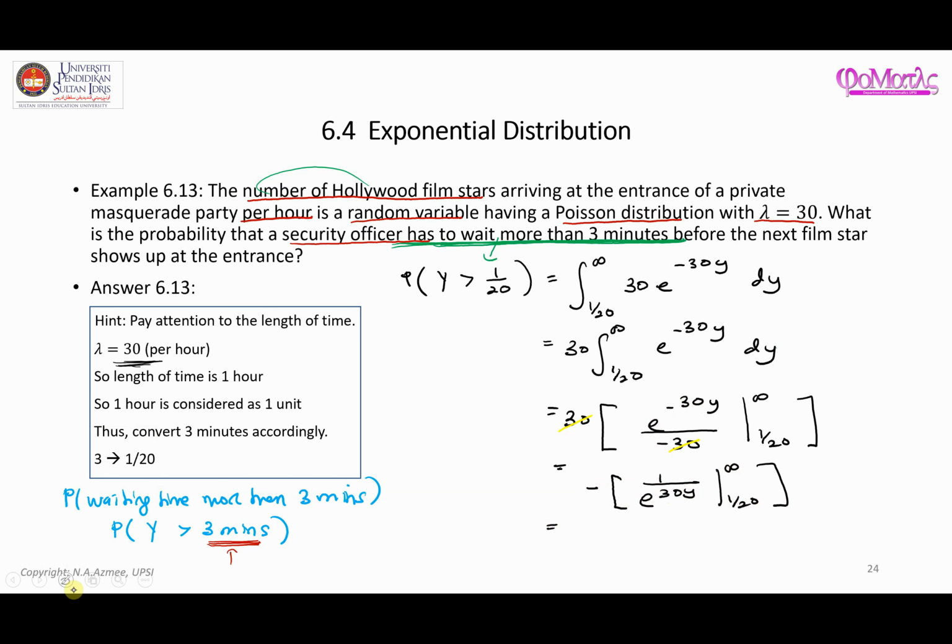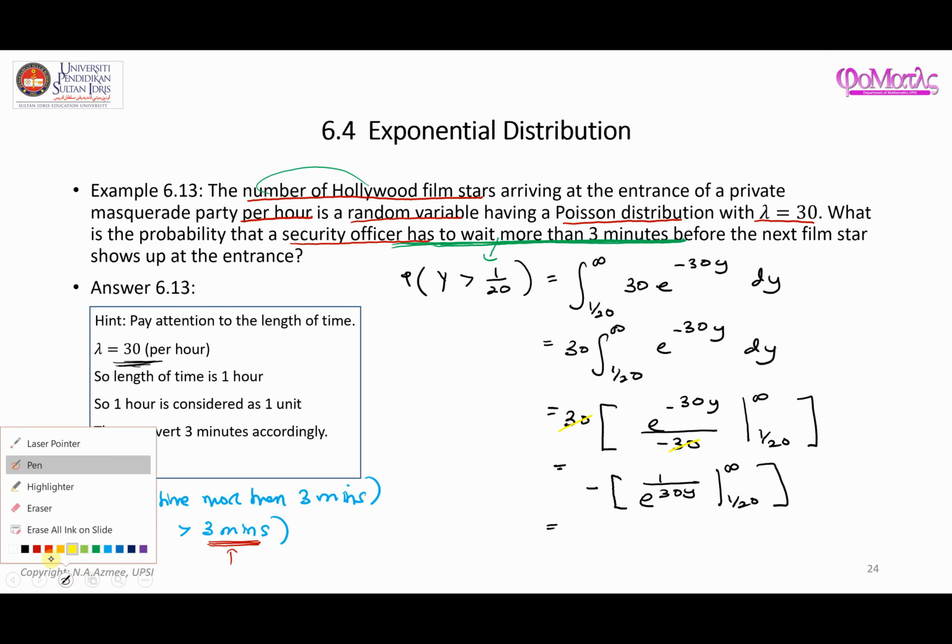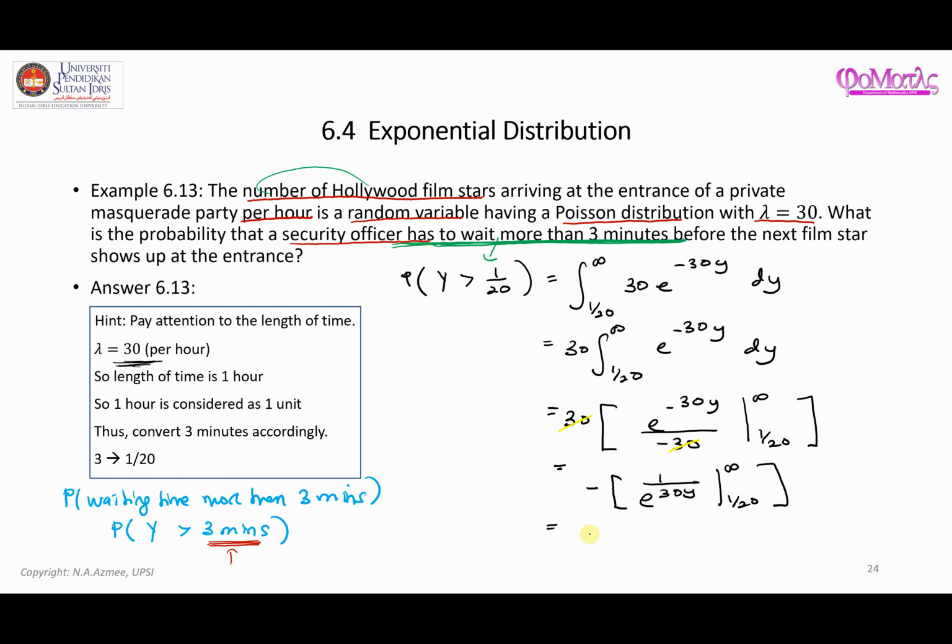If you substitute infinity into y, you will get a very large number at the bottom, so 1 over a very large number is equal to 0. Now minus 1 over 20: you substitute into y, you will get 1 over e to the 30 over 20, which is 3 over 2, or 1.5.